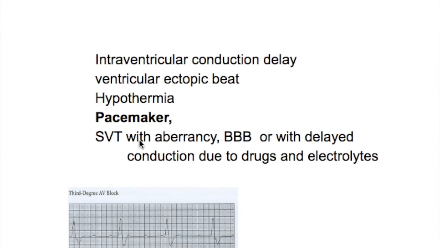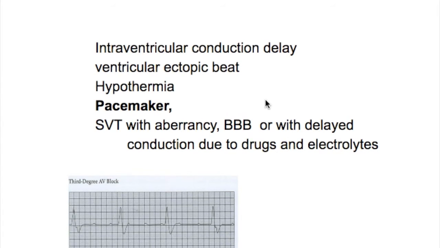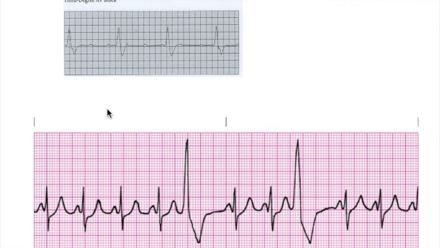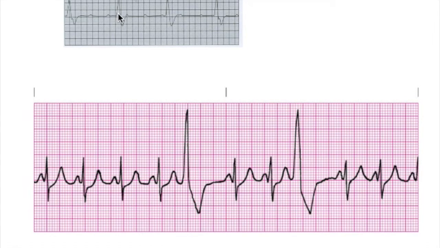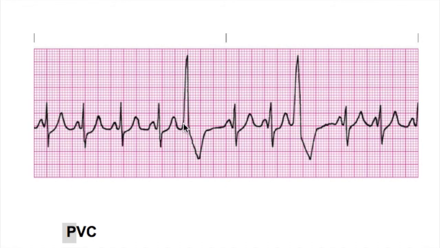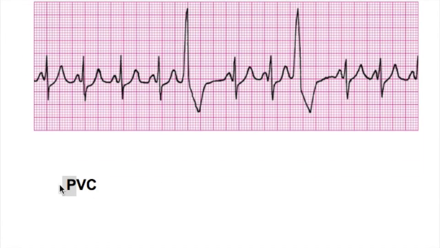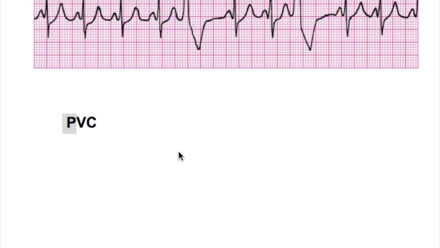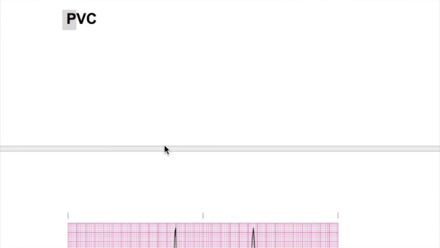Supraventricular tachycardia with aberrancy, bundle branch block, or with delayed conduction due to drugs and electrolytes, all of them cause wide QRS. The third degree heart block, AV block, also causes wide QRS complex, and premature ventricular contractions. Remember, no P in PVC, no preceding P in a PVC.